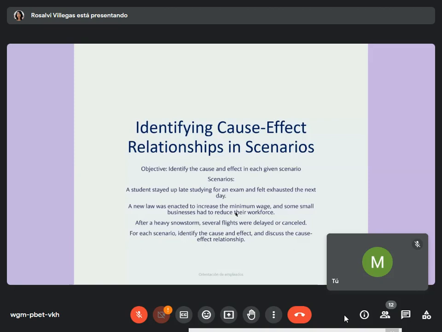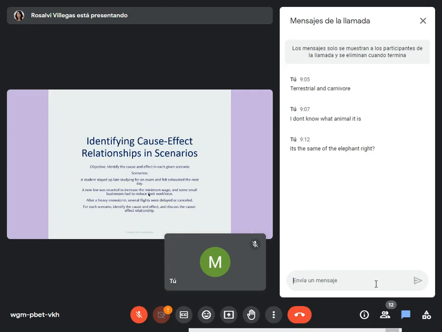If you are seeing it on your phones, I don't know if the letters are big enough. So the sentence says this: a new law was enacted to increase the minimum wage, and some small businesses had to reduce their workforce. What will be the cause and effect relationship here?